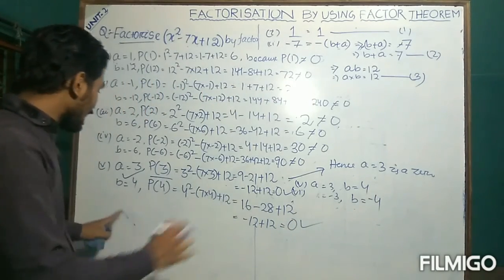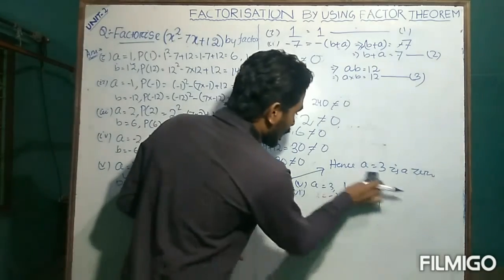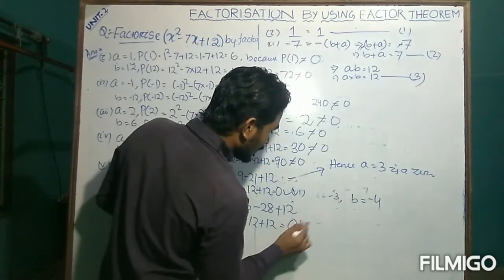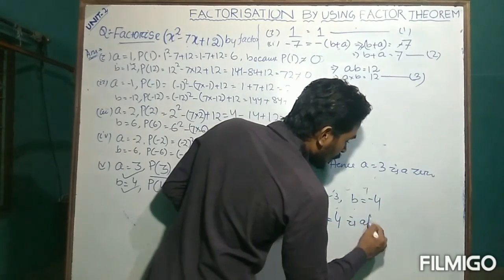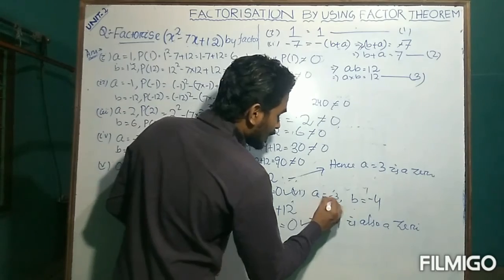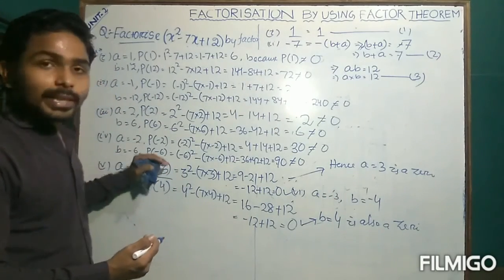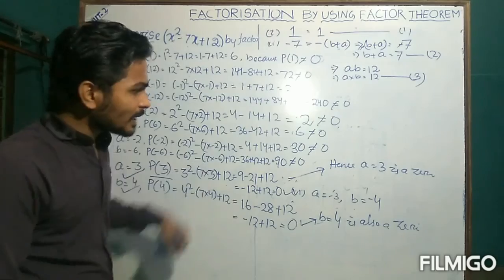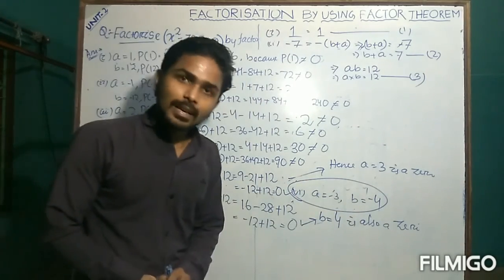That means we can say b is equal to 4 is also a 0 of the polynomial. Hence we can write b is equal to 4 is also a 0 of the polynomial. So at the 5th trial we get 2 zeros, a is equal to 3, b is equal to 4. That's why we need not check assumption 6.